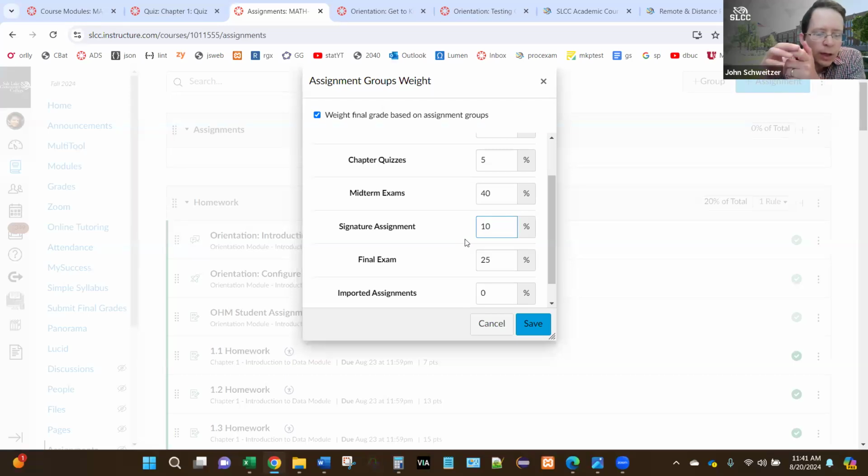At the end of the semester, I will replace the lowest of your midterm exams with what you get on the final if it helps your grade. So if you do well on 3 of the midterms, but you do poorly on 1 of the midterms, and then you do well in the final, I'll use that final score to replace the lowest of your 4 midterms.